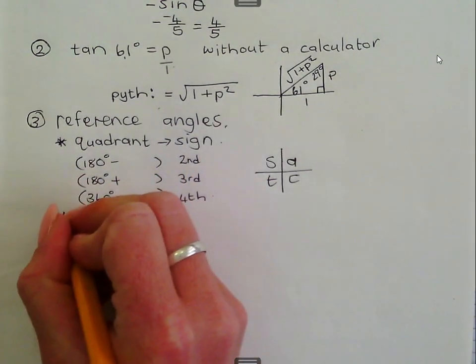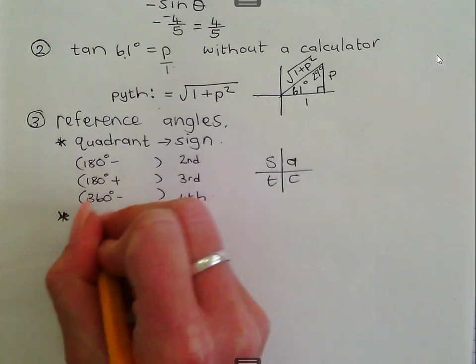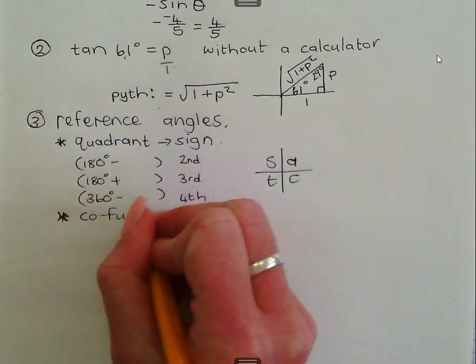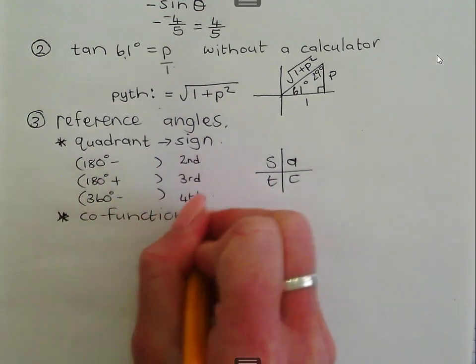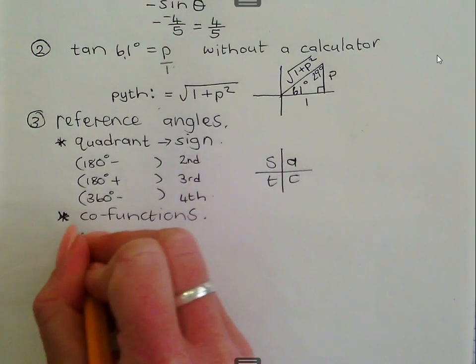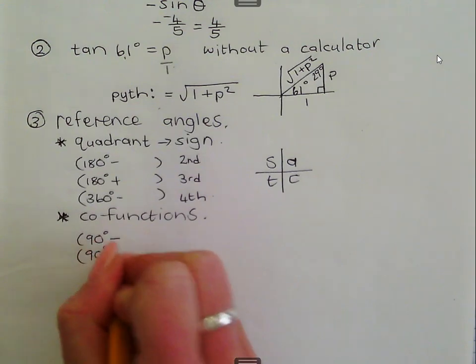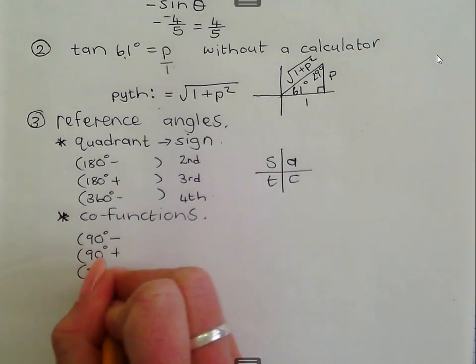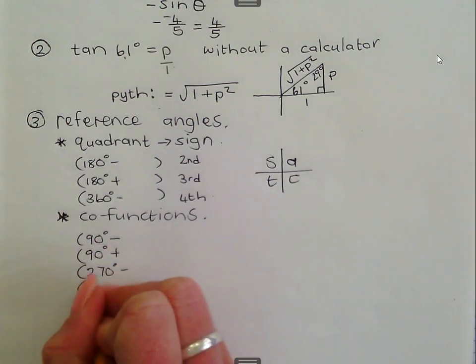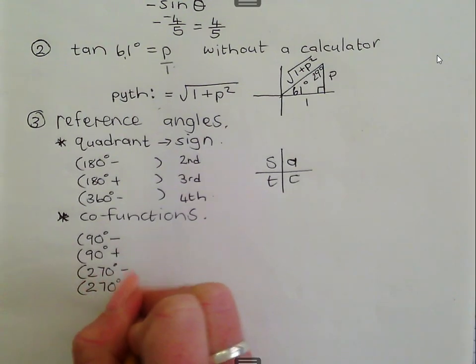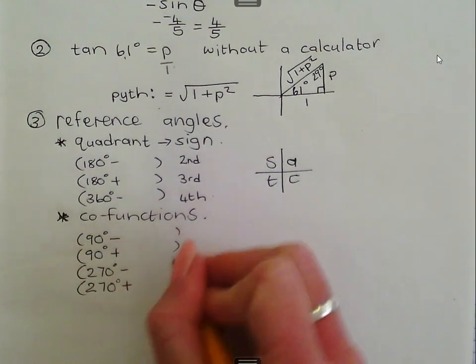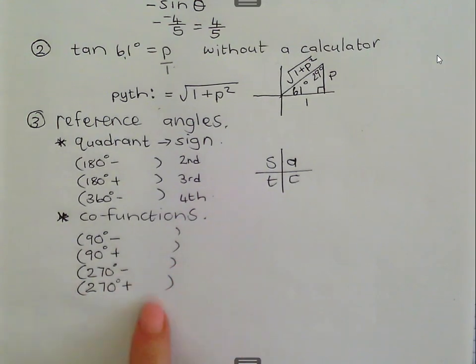The second type we can get is when we have co-functions. The reason I'm not putting something there is because I want you to know they can put in theta or a value. It can be 20 degrees or it can be theta, it doesn't matter.